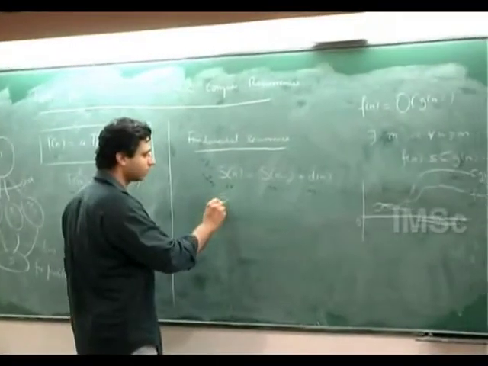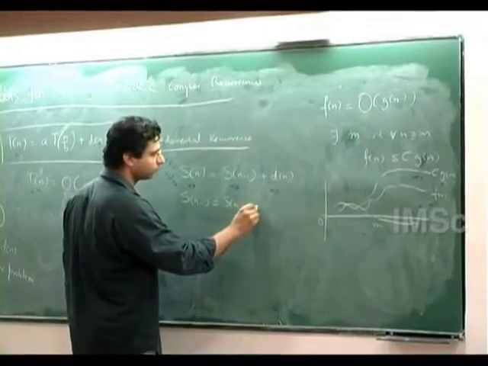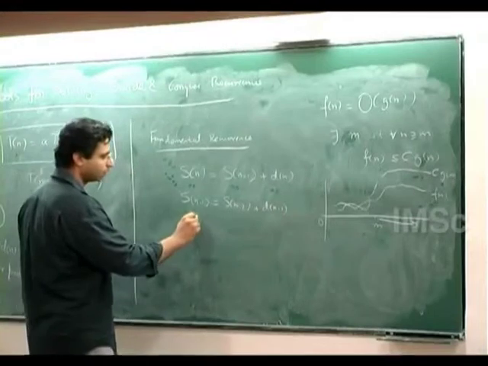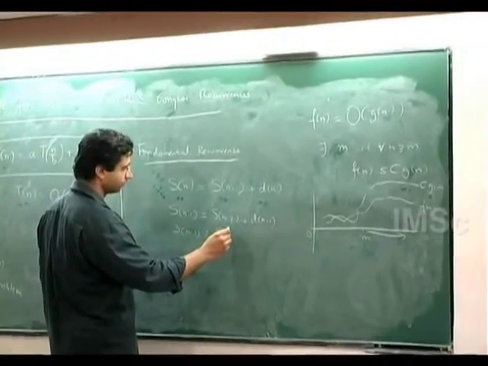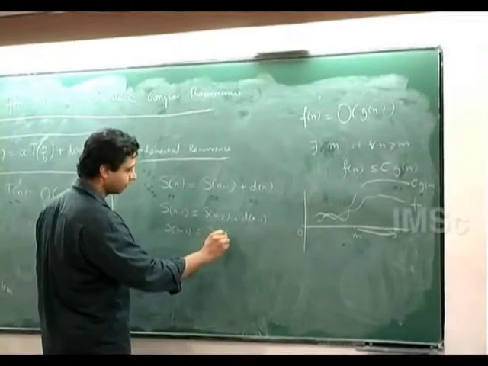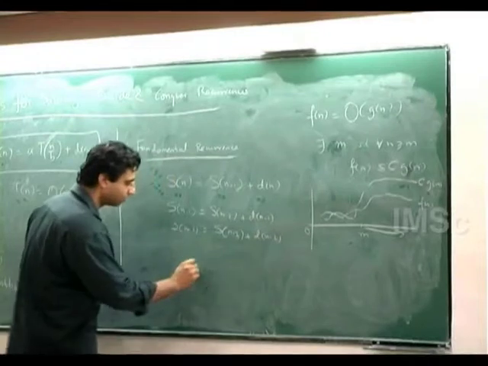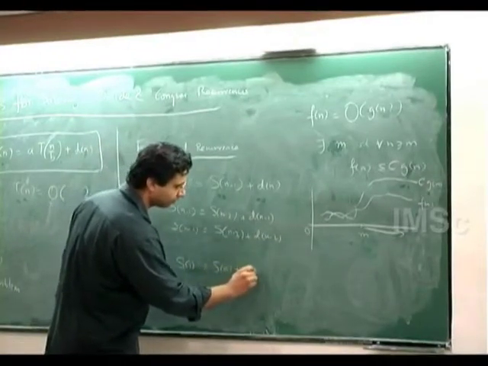So what is the trick? I write S(n minus 1) is S(n minus 2) plus D(n minus 1), and similarly S(n minus 2) is S(n minus 3) plus D(n minus 2). So on, I'll get S1 is S0 plus D1.